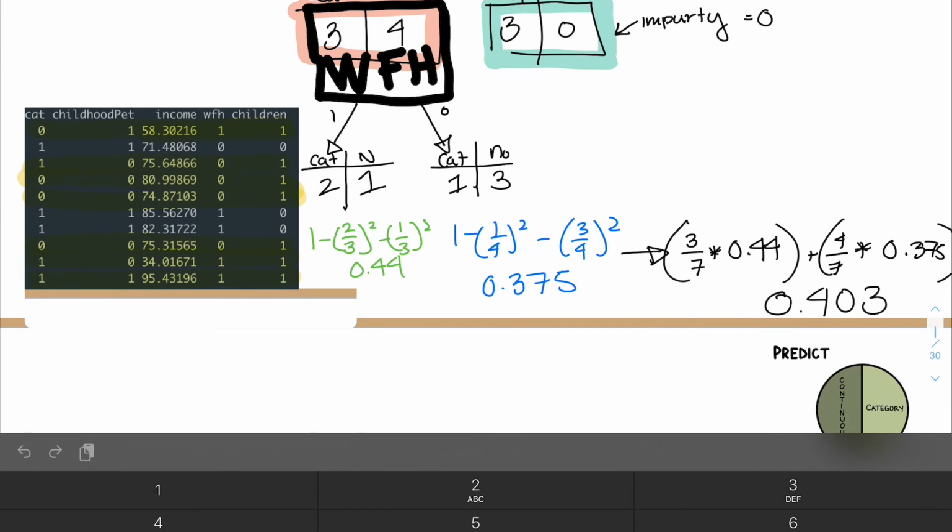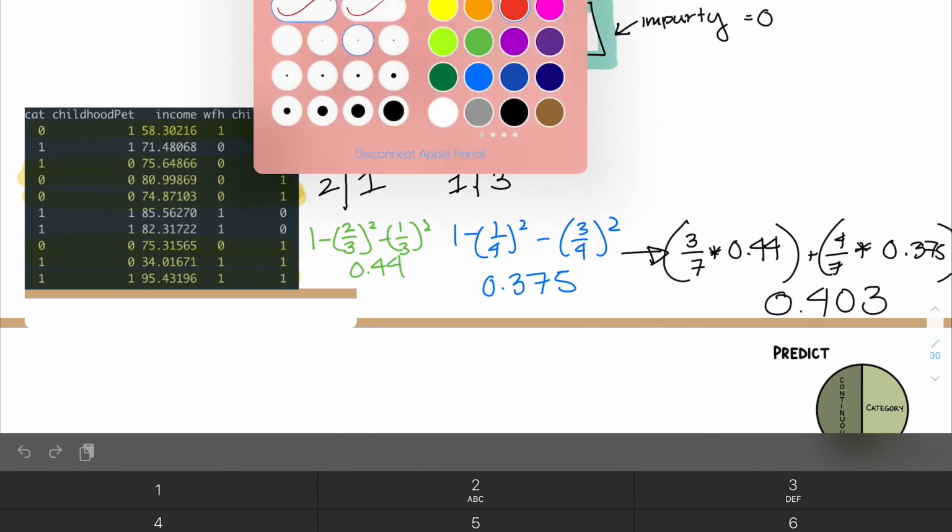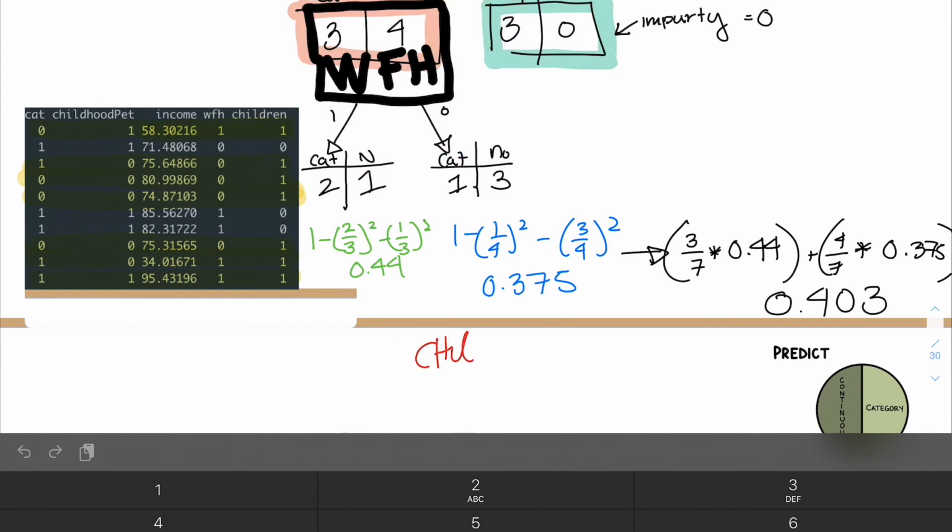And I'm not going to make you sit through the math, but I will put here that if we replace this work from home node with childhood pet, we would end up with an impurity of, what is it? I think it's 0.49, something like that.